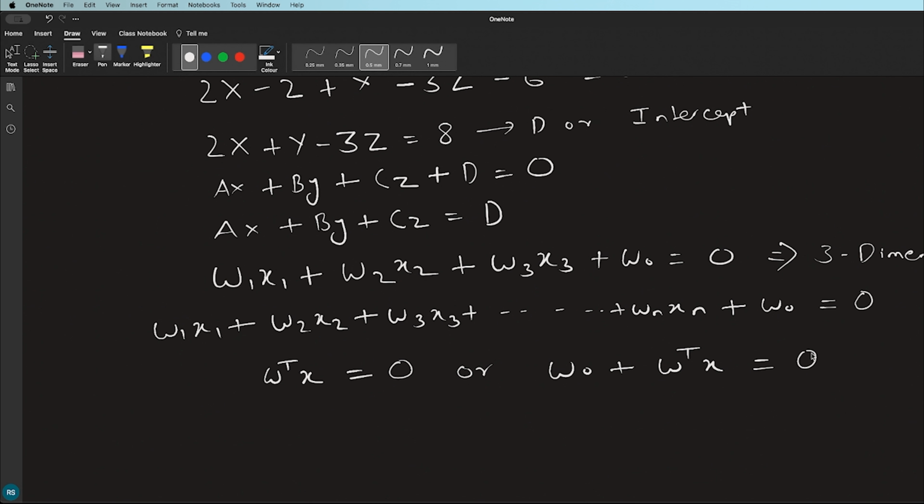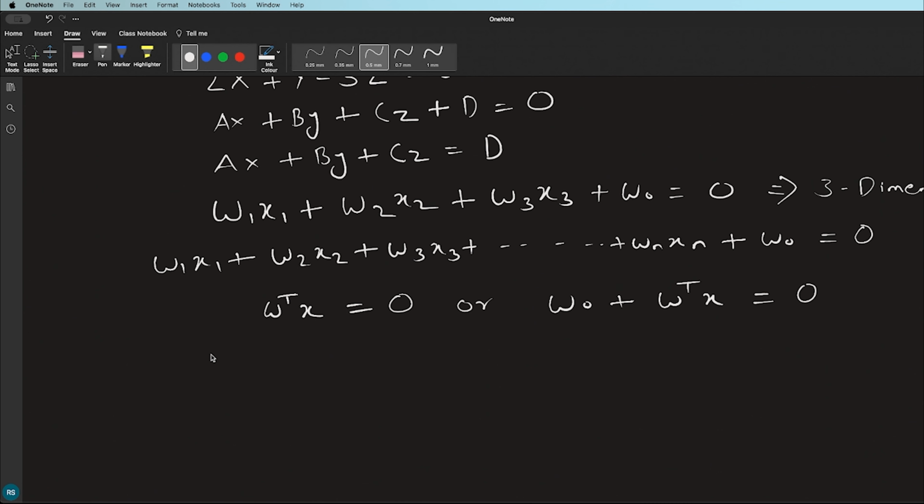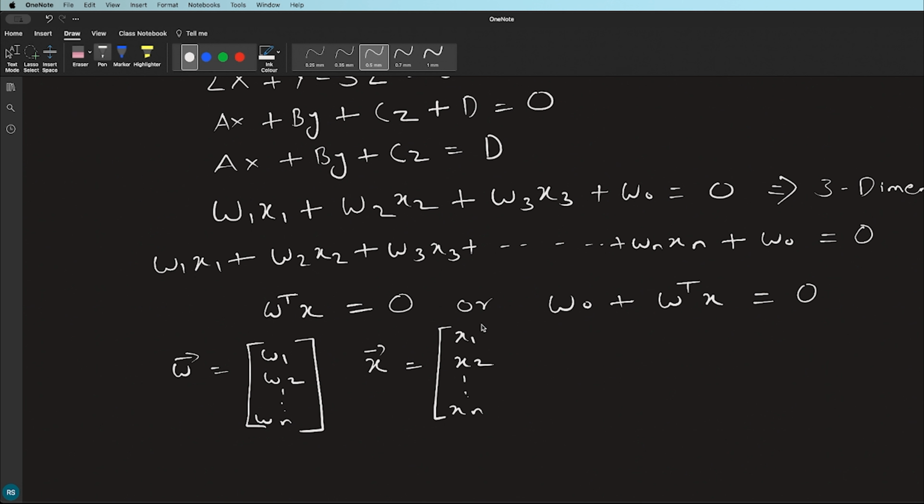So you may be wondering why I wrote this equation as w transpose x. Say this vector w is denoted by the column vector w1, w2 up to wn, and this vector x is denoted by x1, x2 up to xn.